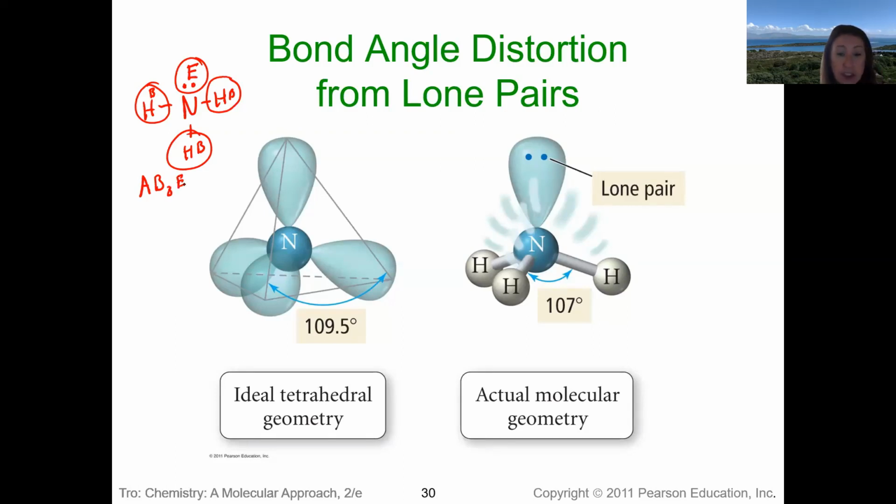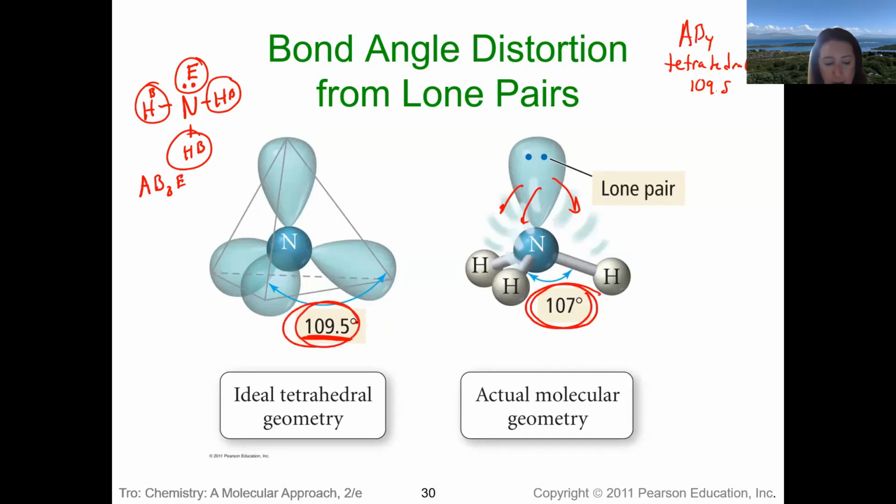There's still 4 things. So we would think, oh, 4 things around the central atom, that's 109.5, right? Because we had AB4 tetrahedral, that was like the music stand one. We said the bond angles were 109.5. But when we add this lone pair, the lone pair is like, get away, get away. And so it's pushing the other atoms closer to each other.